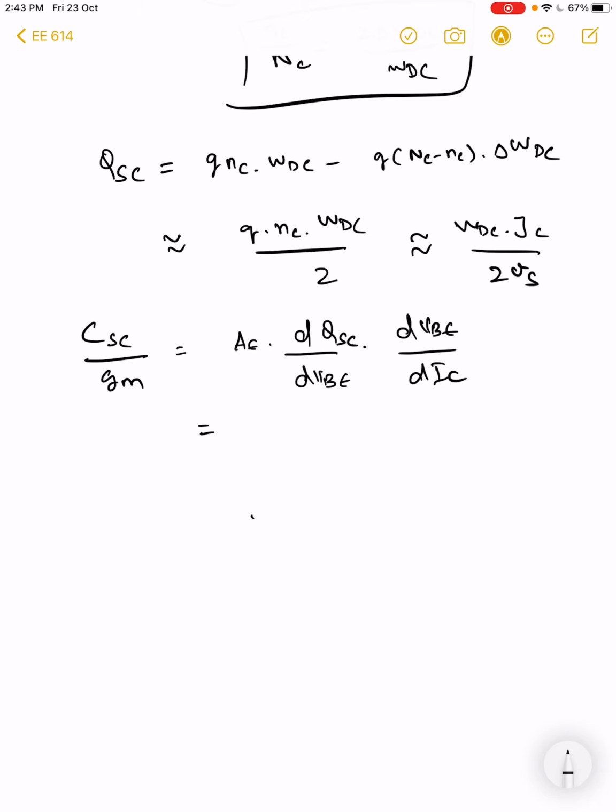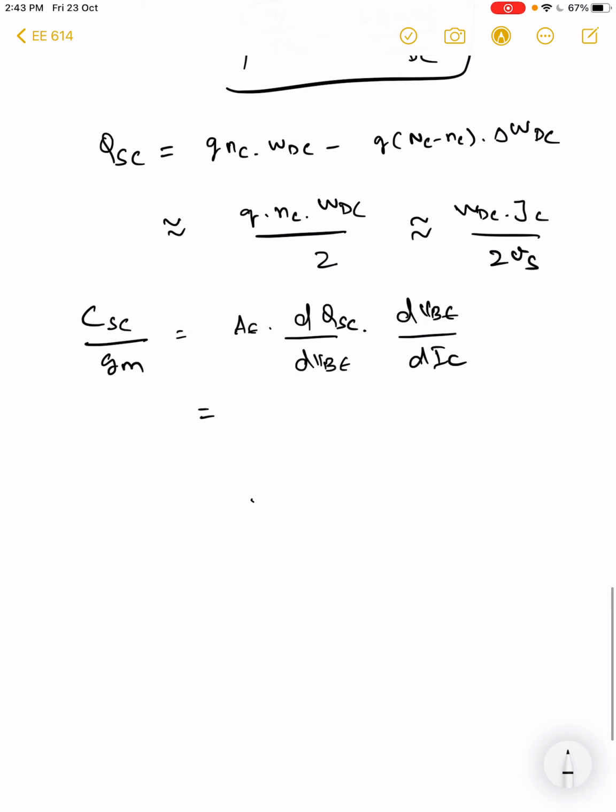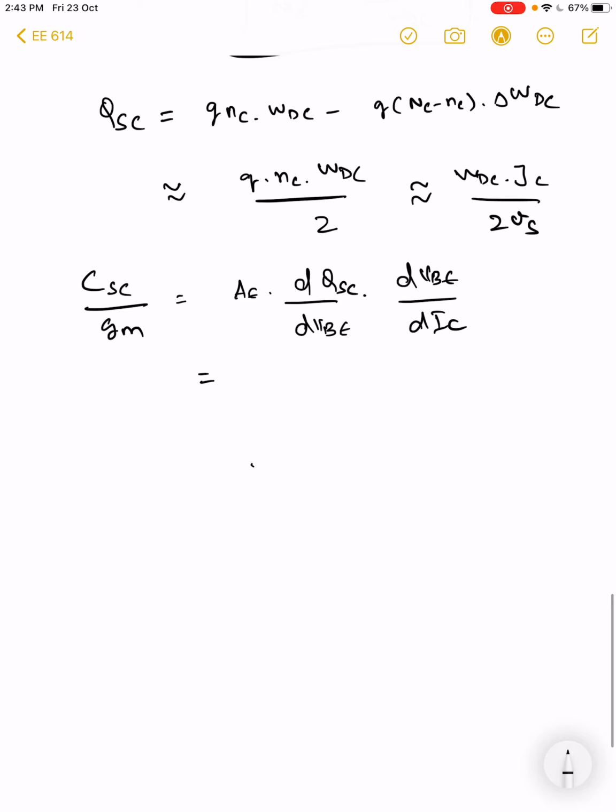So if we substitute this, we can easily see this relationship will come to WDC by 2Vs. So once again, we come up with an expression for, let's say, tau SC, something similar to what we saw before, and this is Vs because we are mostly talking about drift here because it is in the depletion width. So it is WDC by 2Vs, right?